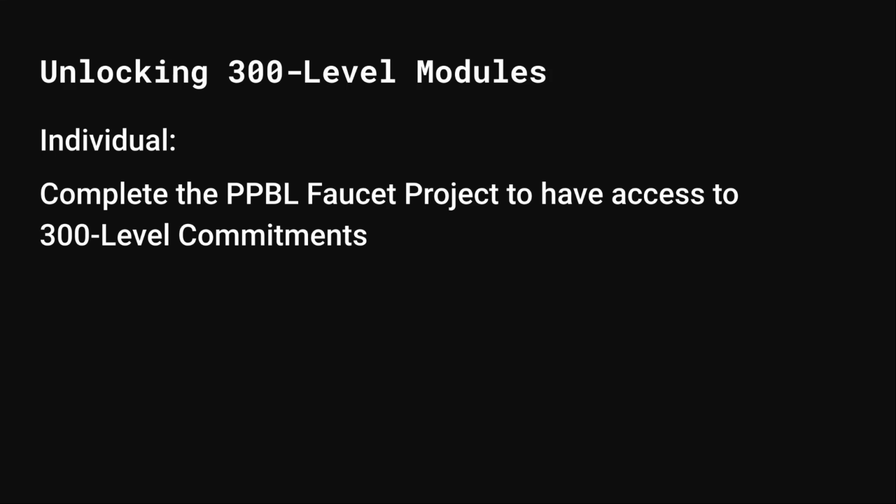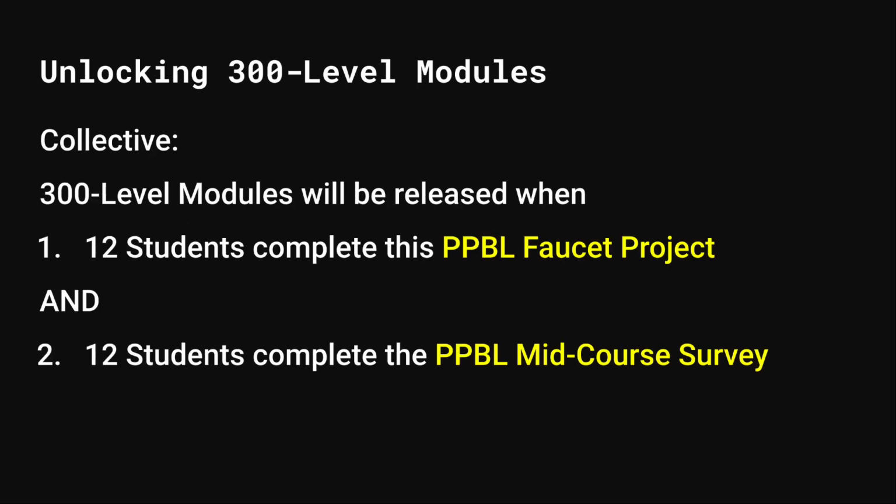Moving forward, in order to be able to make a commitment to anything that follows, you must first complete this project. We have a collective goal as well because it only makes sense to deliver this course if it's relevant to you as a learner. And so we're going to hold briefly on releasing the 300 level modules for this course.